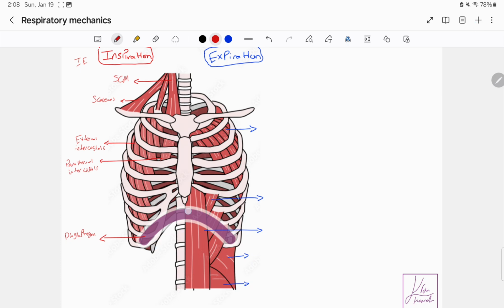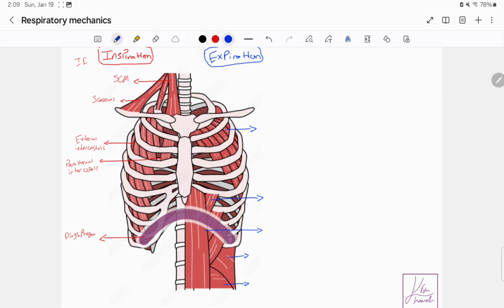Another fact is that the diaphragm's activity during normal, regular, quiet breathing represents about 1% of total body VO2. If you guys don't know what VO2 is, VO2 stands for the volume of oxygen uptake, okay? And the activity of the diaphragm represents 1% of your total body oxygen uptake. That's pretty big if you think about it, okay?